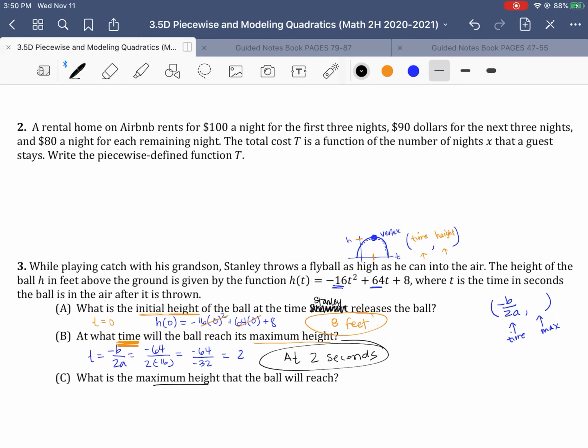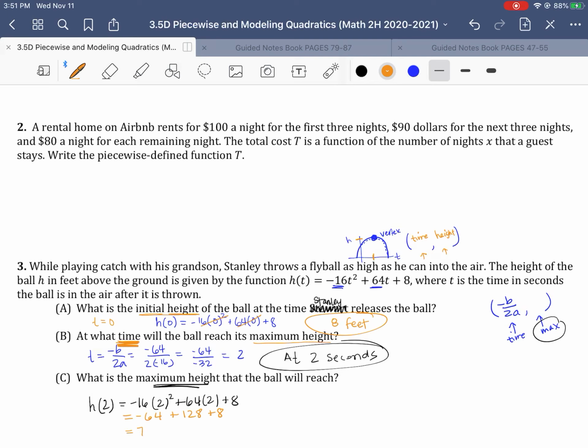What is the maximum height? Well, remember, to find the y value, once we knew the x value, we just plugged the 2 in. So at 2 seconds, when t is 2, we're putting 2 into our function. If we evaluate that, 2 squared is 4 times negative 16 is negative 64. 64 times 2 is 128.